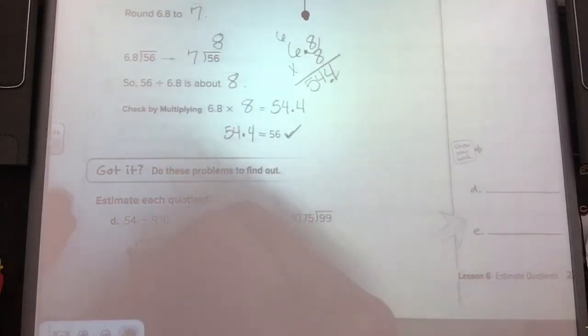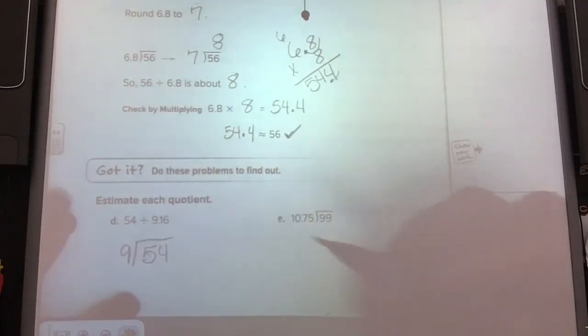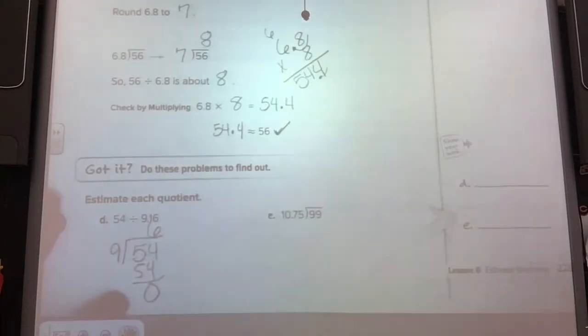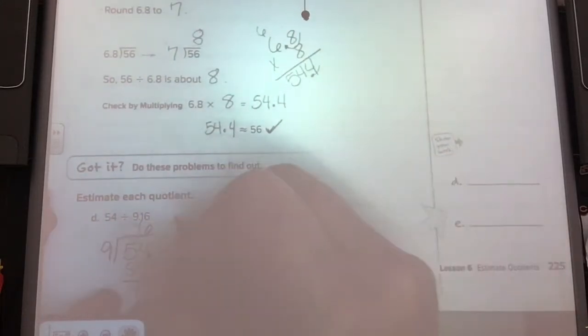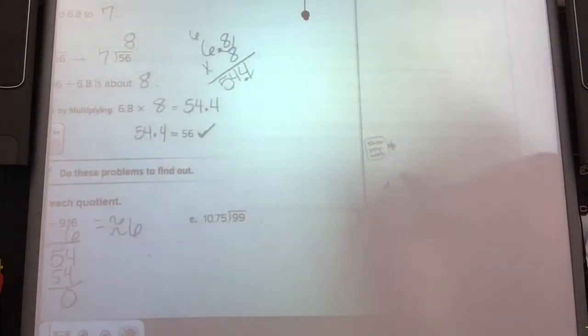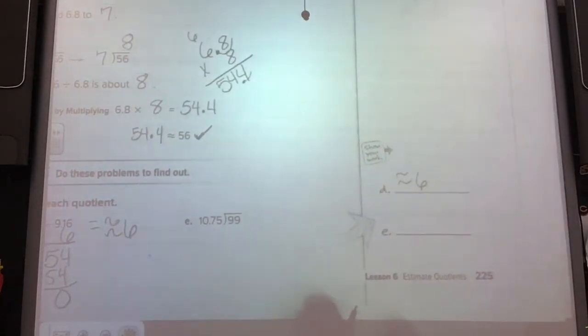How about 9? 9 times what is 54? 6. So our estimate is about 6. You can write that over here if you want to. About 6. Those squiggly little lines are kind of fun to draw.